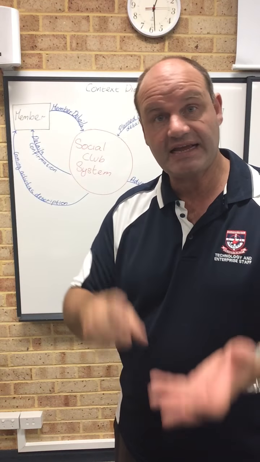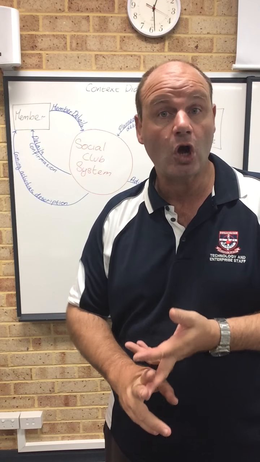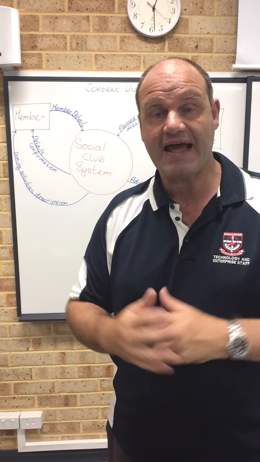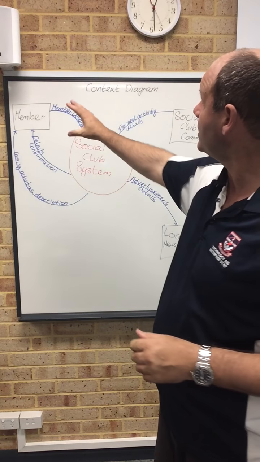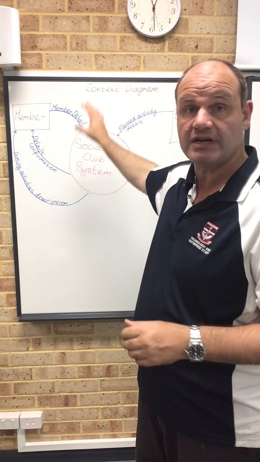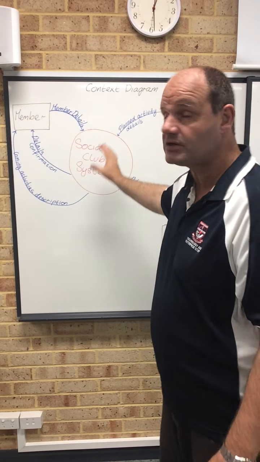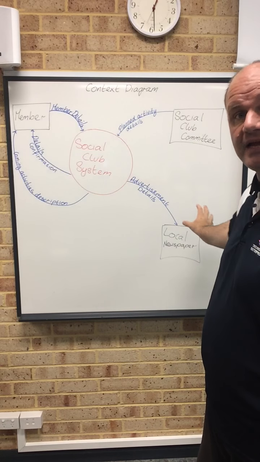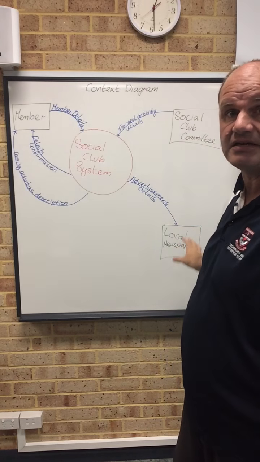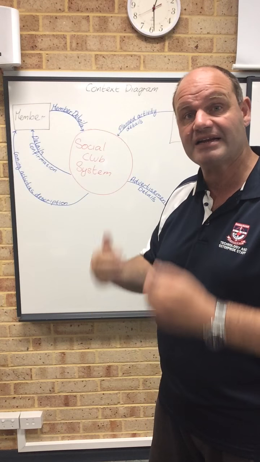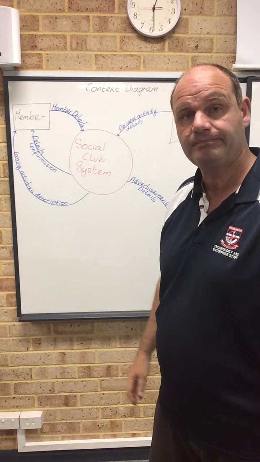An entity can be a person, a thing, a job, as long as it's a noun. And these entities show what information is put into the system and what information comes out of the system into these entities. So these entities are interacting with the system itself.